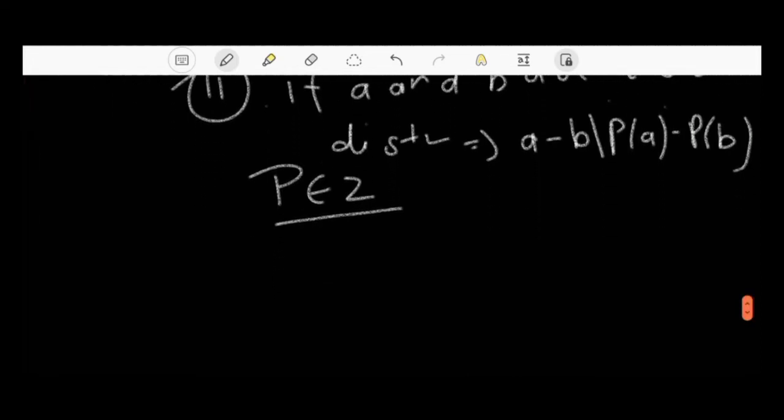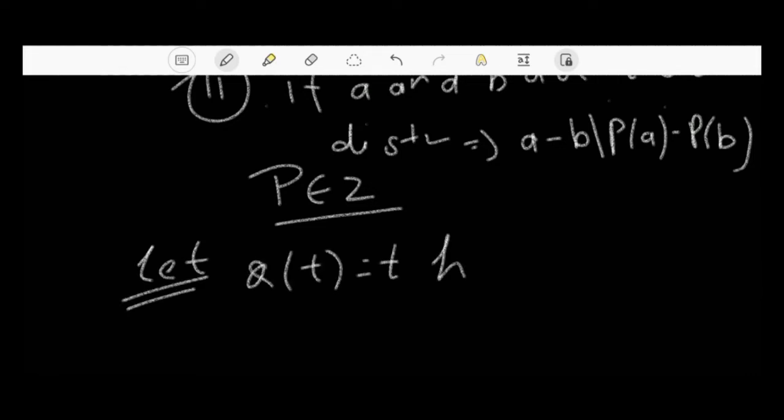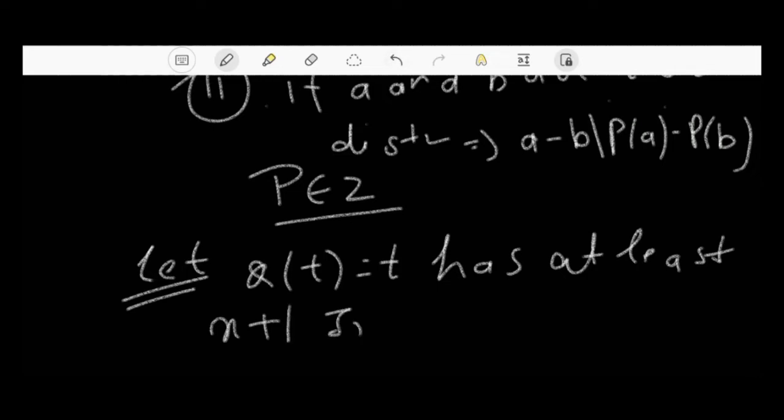So let's start solving the problem, and I'm going to assume that Q(t) equals t has at least n plus 1 integer solutions. So this is the contrary assumption.